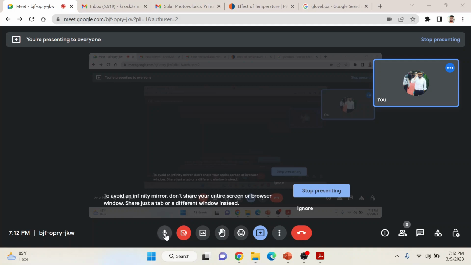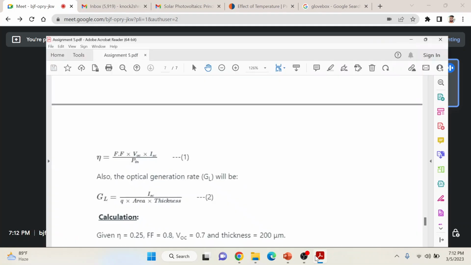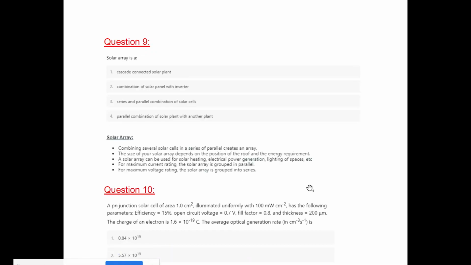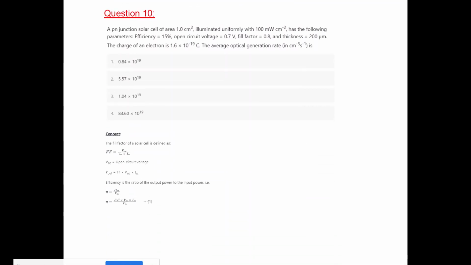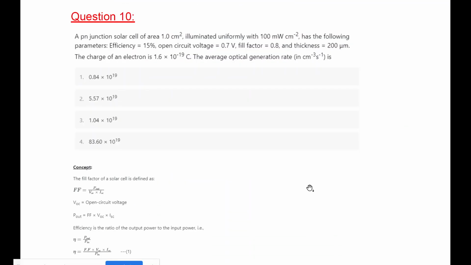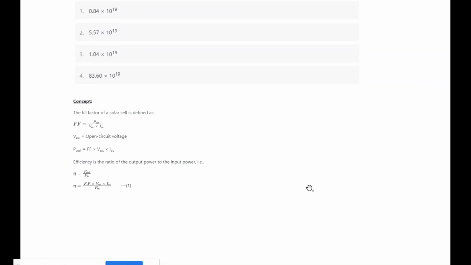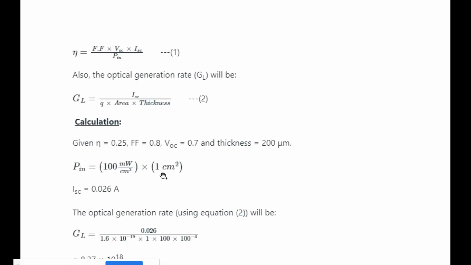Thank you, sir. So let me discuss the last question. We know the fill factor is this and the efficiency formula is this. From here, the optical generation formula is I_SC over Q cross area cross thickness.